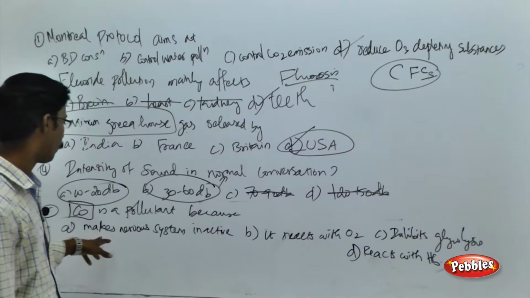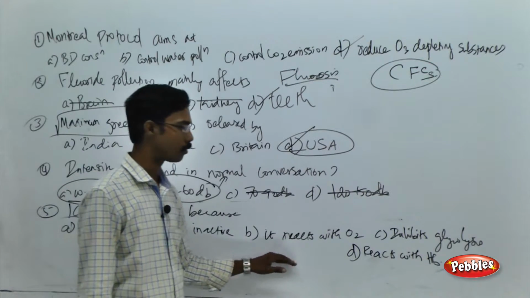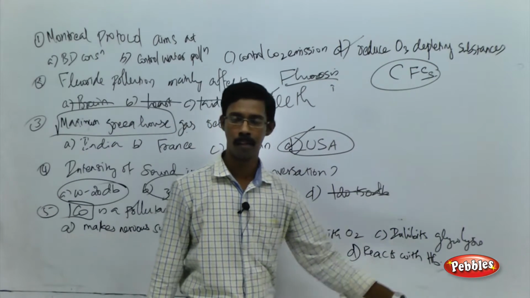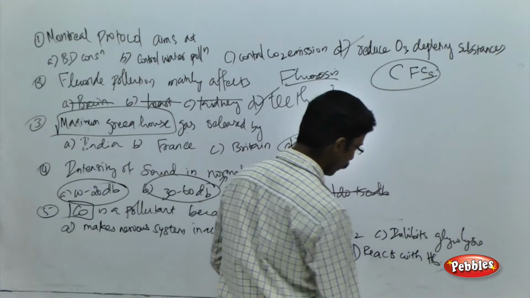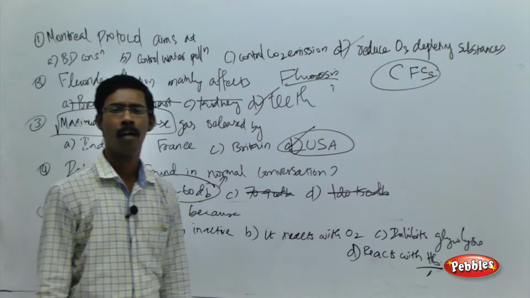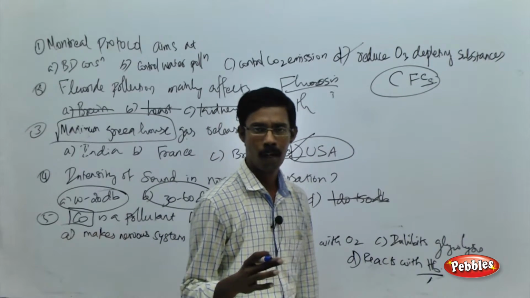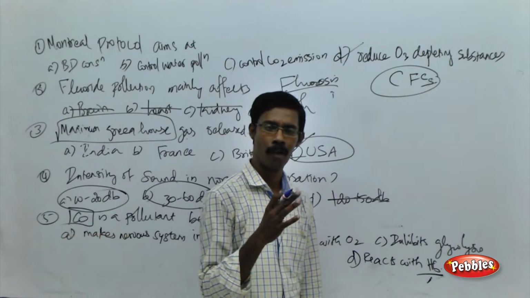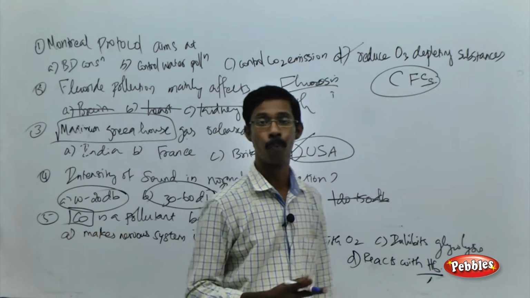There are choices given for you: makes nervous system inactive, it reacts with oxygen, it inhibits glycolysis, it reacts with hemoglobin. Hb refers to hemoglobin.